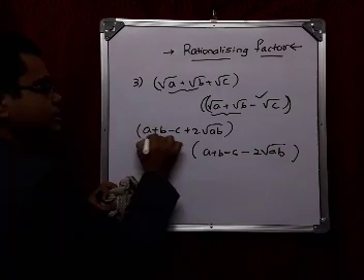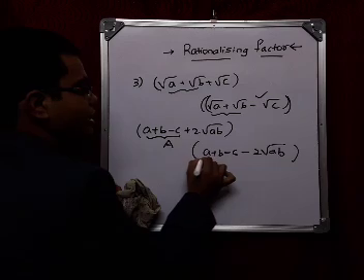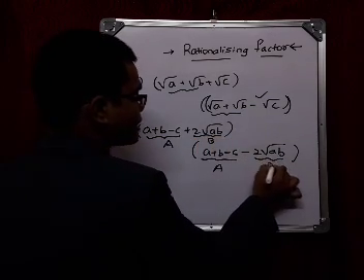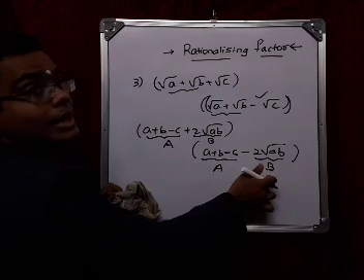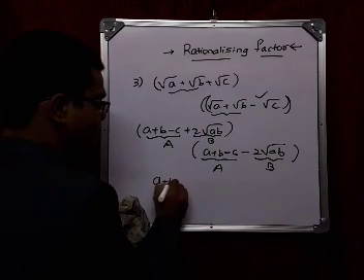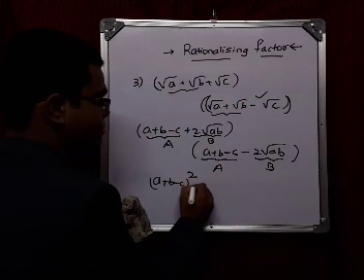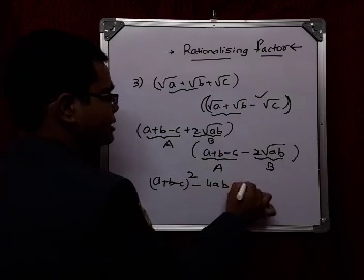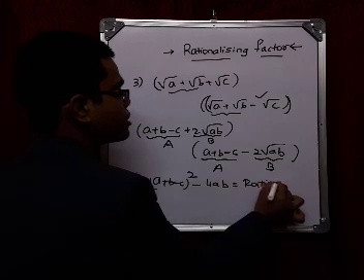If you take it as capital A and this as capital B, then A plus B into A minus B is going to become A square minus B square. So it's going to become a plus b minus c whole square minus 2 root ab whole square, which is 4ab. Yes, I think this is a rational number right now.